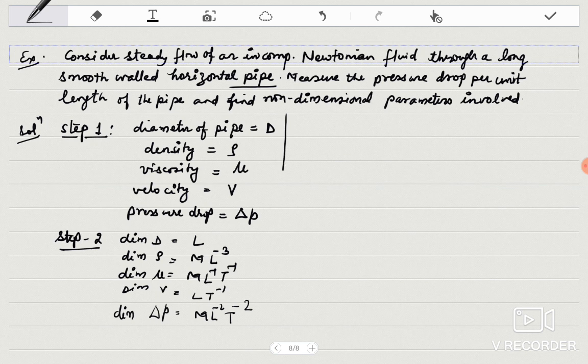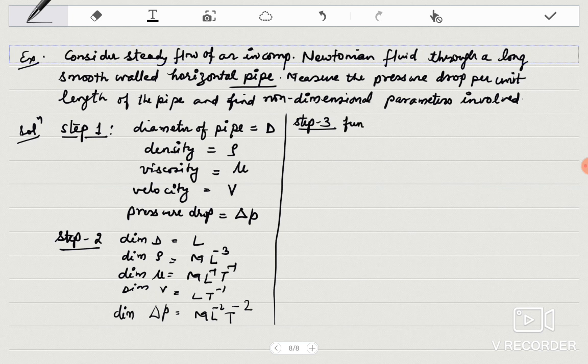Under step 3, we count the number of fundamental dimensions involved. Here fundamental dimensions are length, mass and time, all the three.